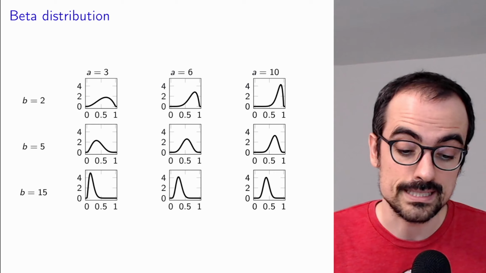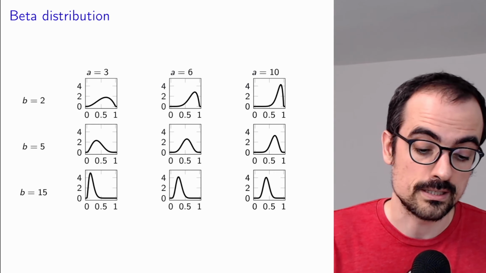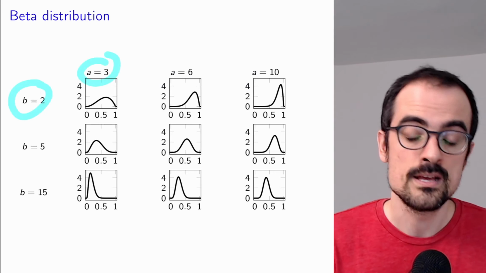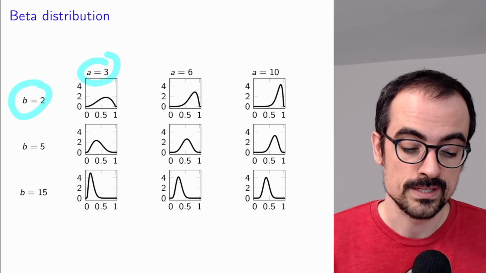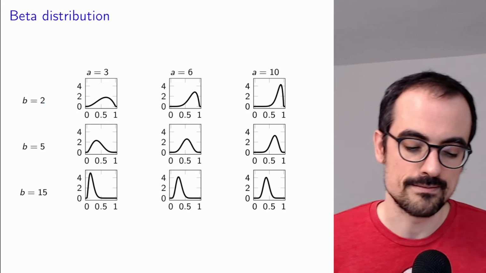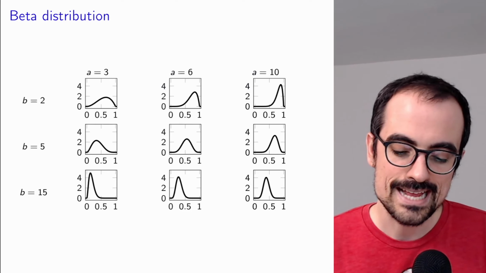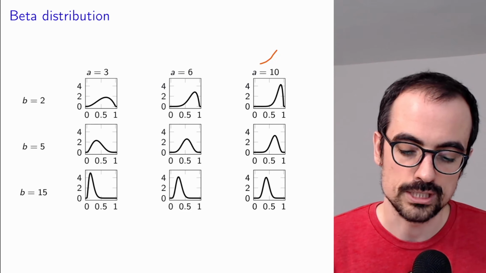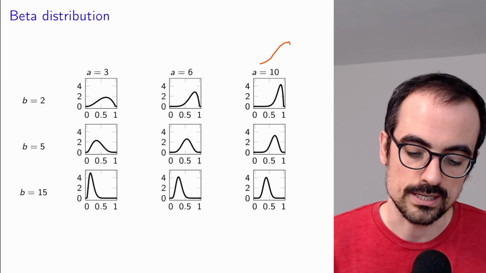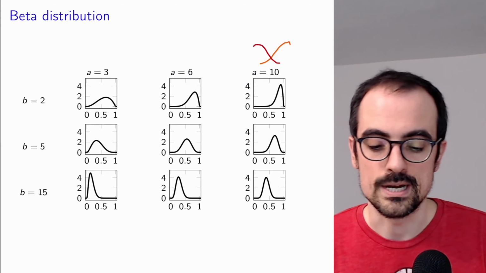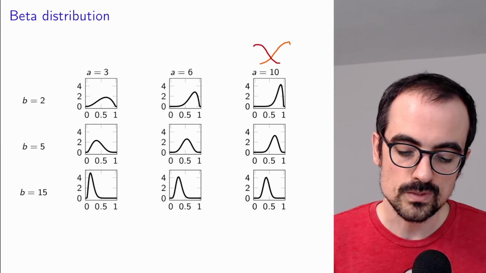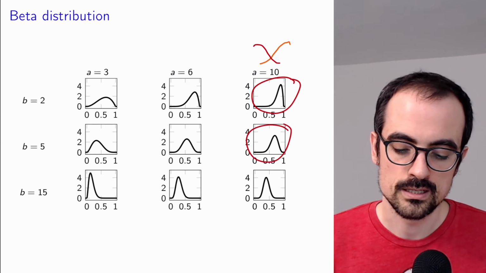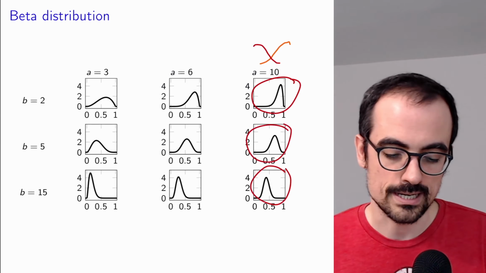Here I have the beta distribution. We have a parameter A and a parameter B. The way I like to think about this is the parameters A and B fight. When A is very large, A is basically trying to push in that direction, and B is trying to push in this direction. So when A is very large, basically the distribution is tilted more towards the right.